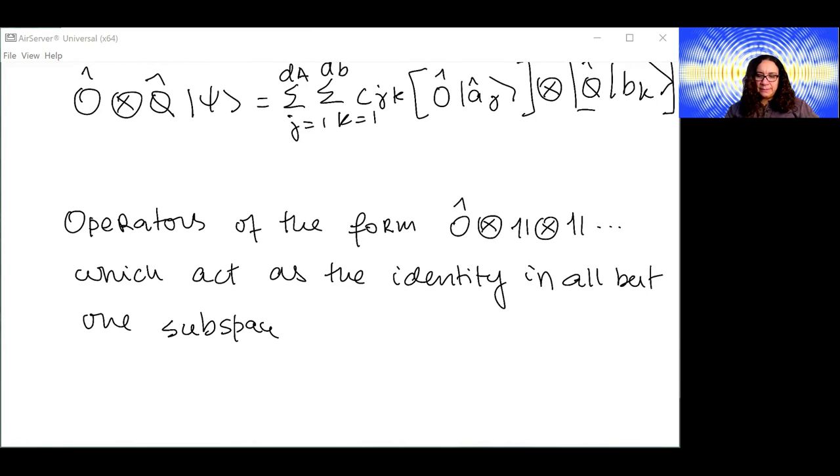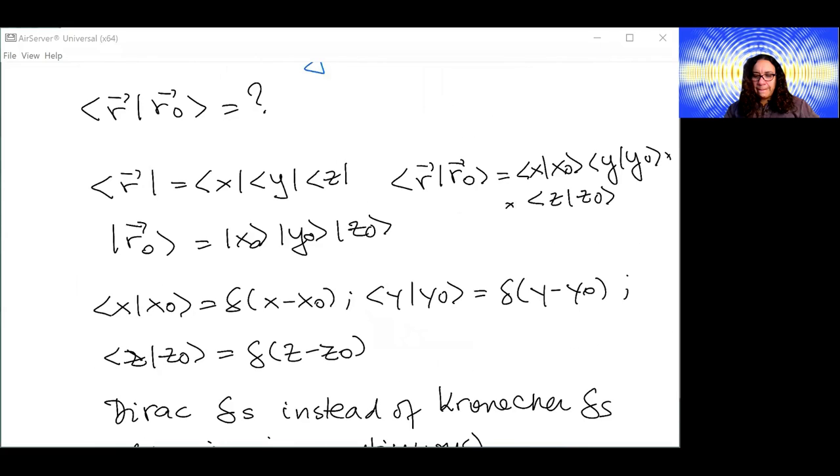And they are written typically like this. For instance, if you want an example here, this one.